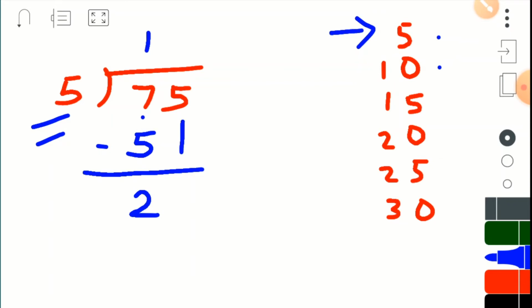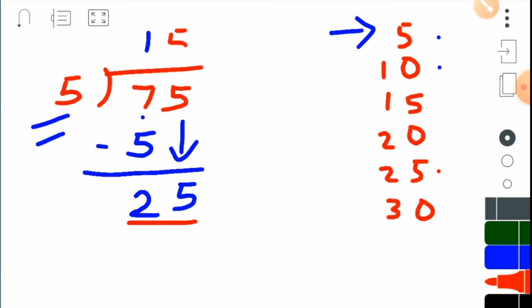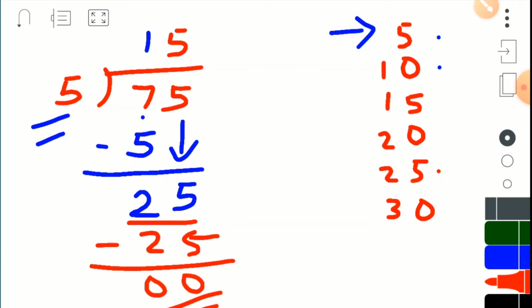You will carry down the next number, that is 5. Now your total question is 25. Now you have to check whether 5's table has 25. Yes, it has 25 over here. How many times? 5 5s are 25. So the remainder is 0. Hope you have understood. Let's see one more example.